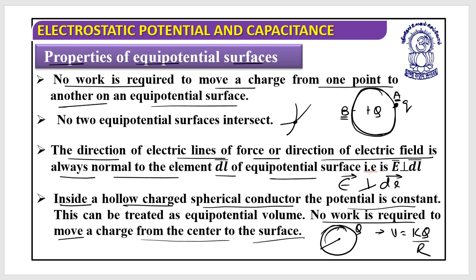But work would be required if it is a solid non-conducting sphere, because in the previous classes we have already seen that at the center the potential is 3/2 kq by r, and on the surface the potential is kq by r. I am talking about the non-conducting sphere here; these people are talking about the spherical charged conductor, that means the conducting sphere. I hope these things are clear to you. So these are the properties.